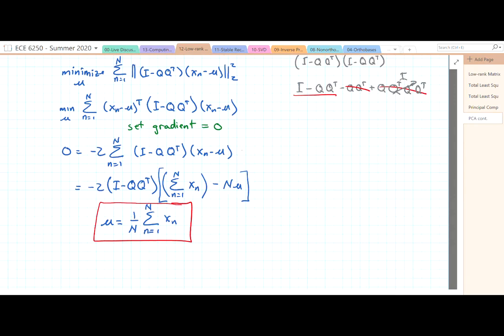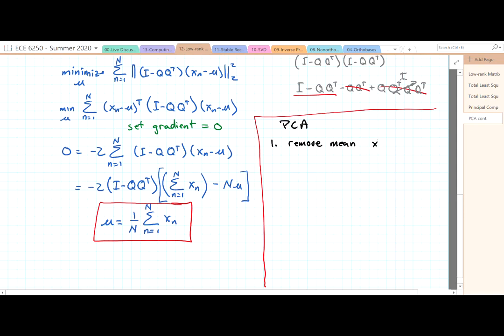Okay, let's sum up what we know with respect to PCA, and that is, first, remove the mean, where this is the sample mean.